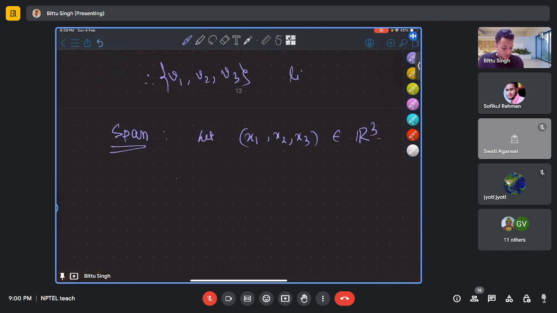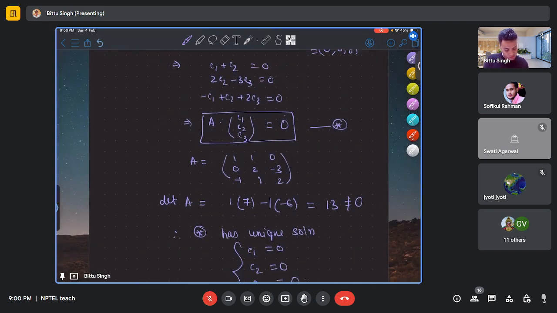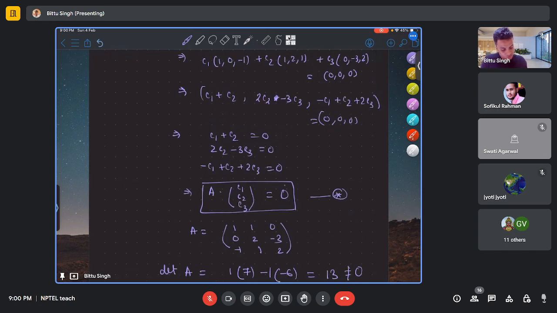Now, can we write x1, x2, x3 as a linear combination of those three vectors? That is, can you write x as c1 alpha 1 plus c2 alpha 2 plus c3 alpha 3? We have already checked that this is the same as this.